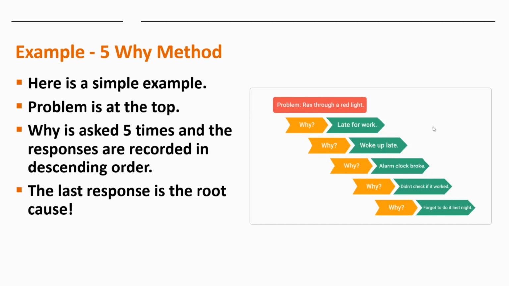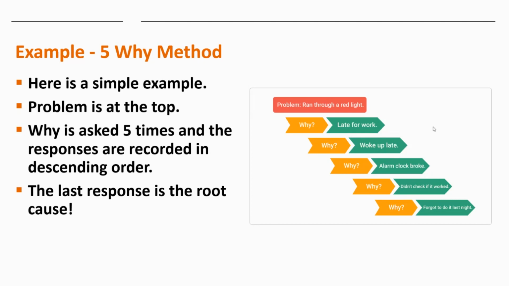So the last answer you see is the core problem. You did not prepare for the next day the previous night. That has caused all the problems. So now, if you make a plan to prepare for the next day the previous night itself, then you will stop getting into this problem.